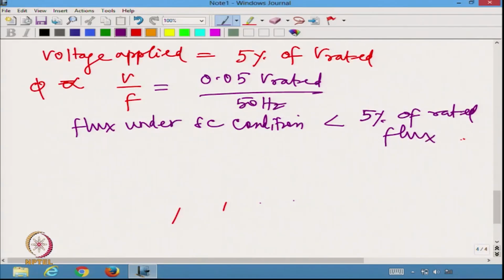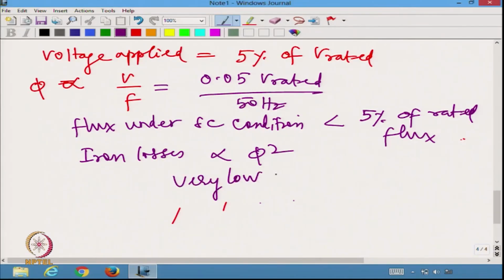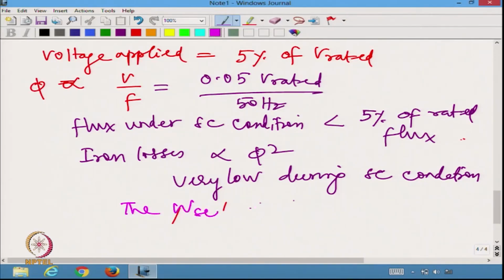I am going to have the iron losses, which are approximately proportional to flux square, be very low during short circuit condition. So, the loss WSC value indicates only copper losses.